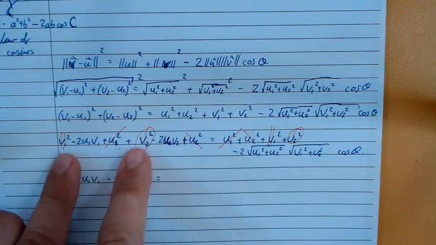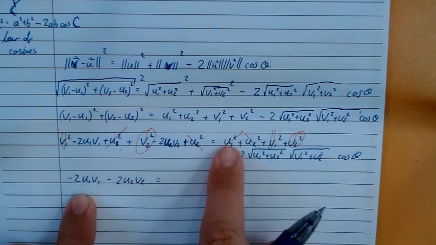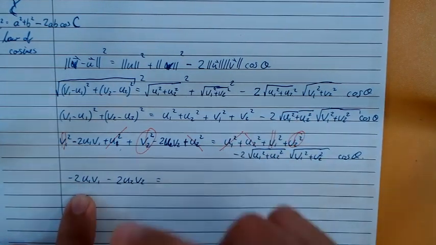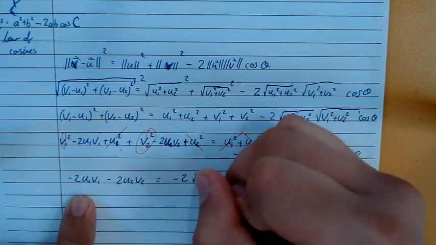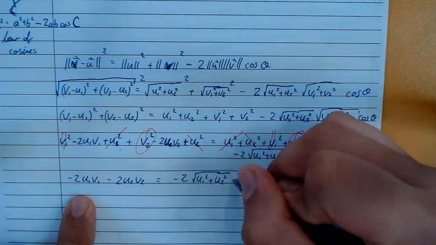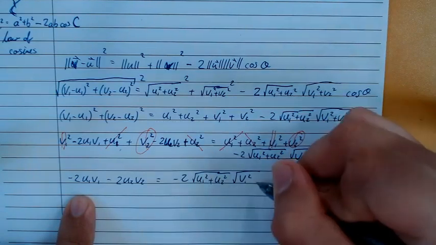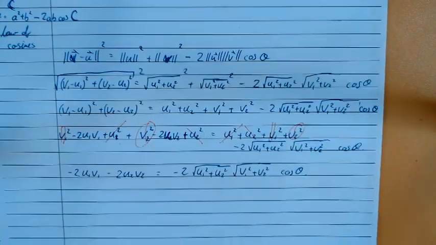Everything else is gone. Those 4 terms are gone. Just leaves me those 2. Equals, and I'm just left with this: minus 2 times the square root of u1 squared plus u2 squared times the square root of v1 squared plus v2 squared times the cosine of the angle theta.